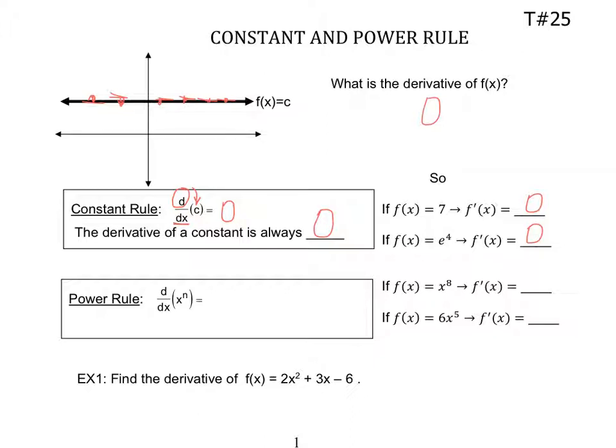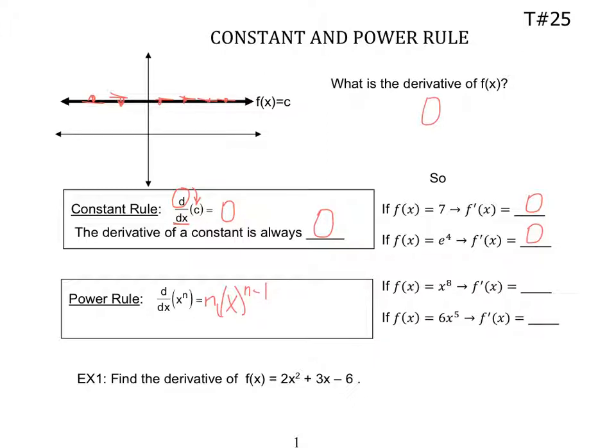The reason that I said that was because I knew the power rule, and the power rule says if you have x to some power of n, you take the n to the front, and then take the x to the n minus 1.